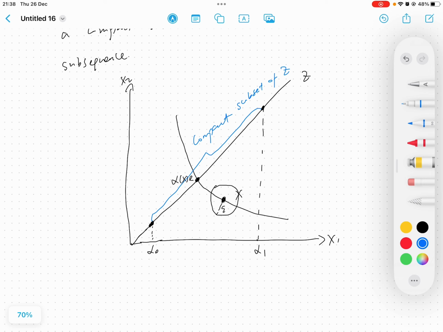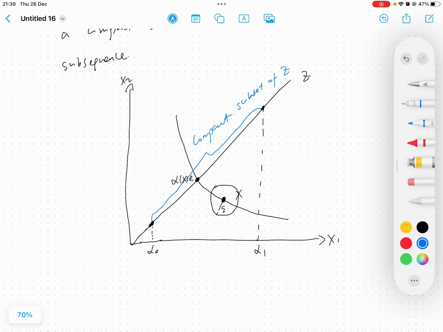And so the sequence has a convergent subsequence, and by the monotonicity for any epsilon, this radius positive number, alpha x prime lies in the compact subset of R plus, which is from alpha 0 to alpha 1, and for all x prime such that the distance between some x prime and x itself is smaller or equal to epsilon.